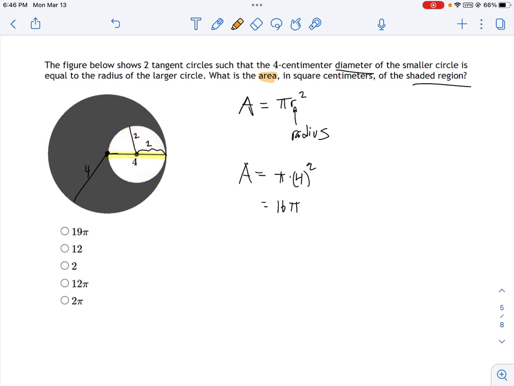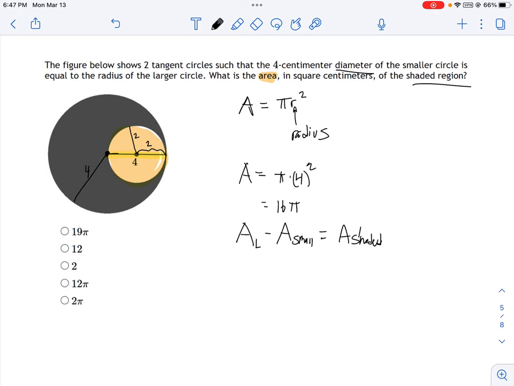Right now the 16 pi is the entire thing, but we just need to take out the smaller portion inside. So we have the area of the larger circle, and if we take out the area of the smaller circle, we're going to get the area of the shaded portion.